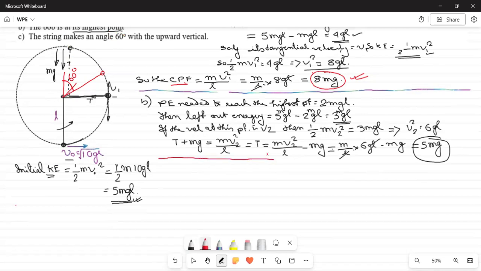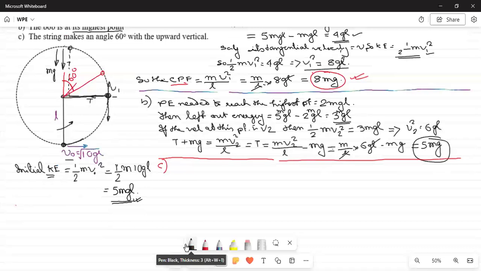Here we draw a boundary line of the board and we go to evaluate the third question. At this point C, similarly, we calculate how much is the potential energy required. That means what is the height from here to here? We know this is L plus this is L sine 30.